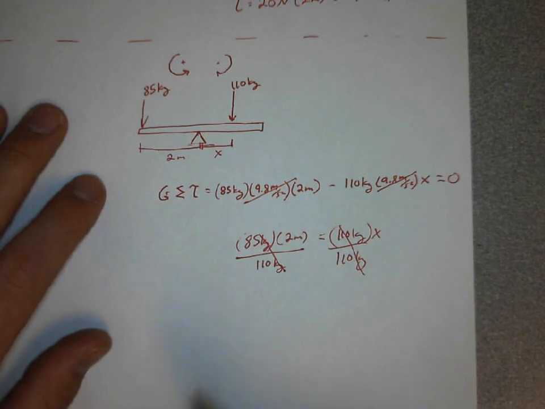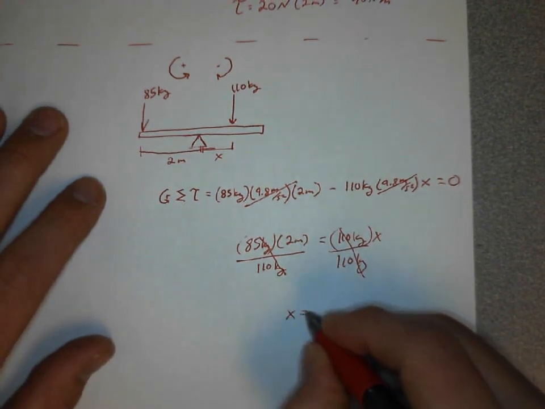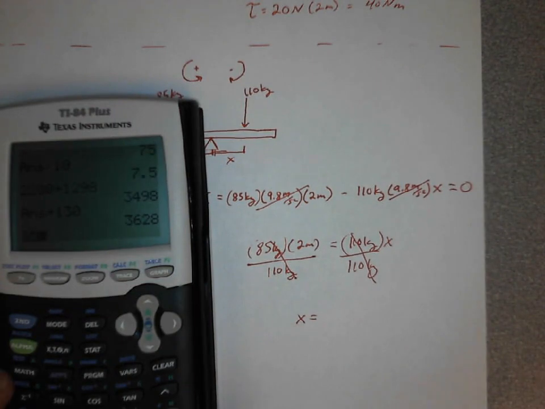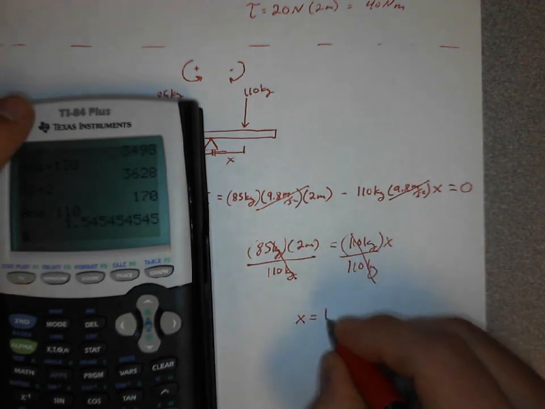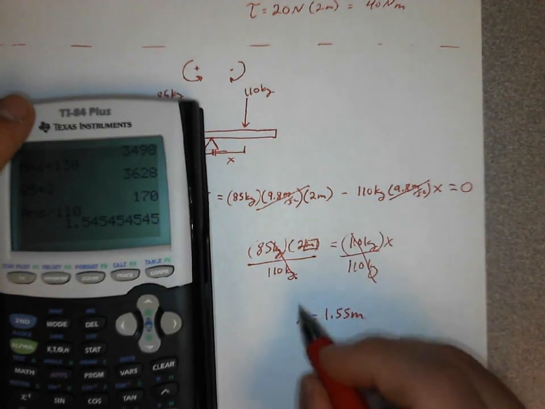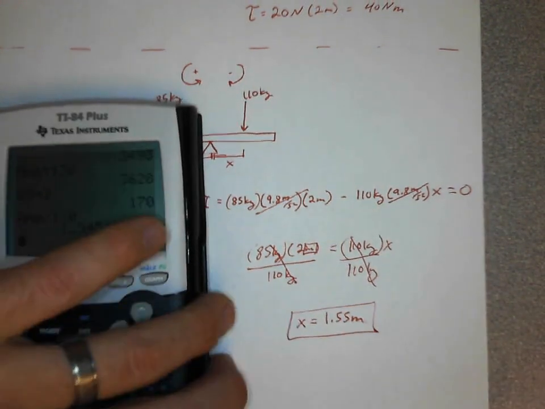So x is going to equal 85 times 2 divided by 110, so 1.55 meters. Meters is the last unit standing, so that's what goes. All right, so 1.55 meters.